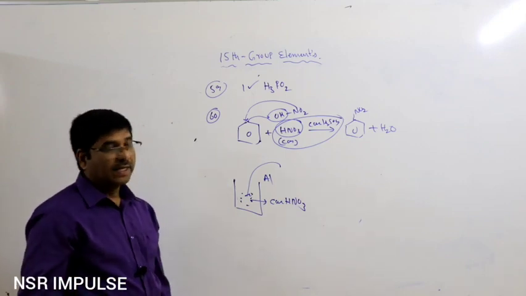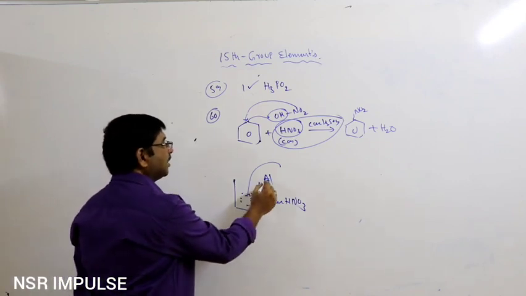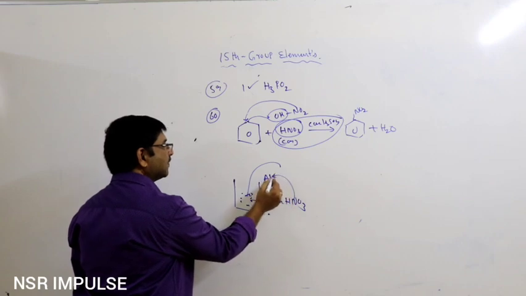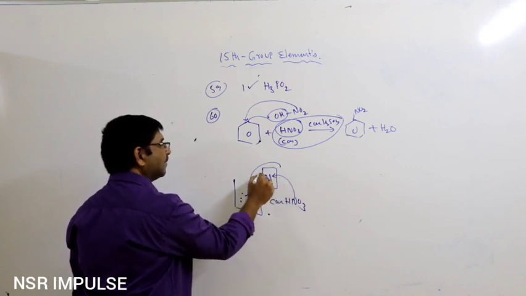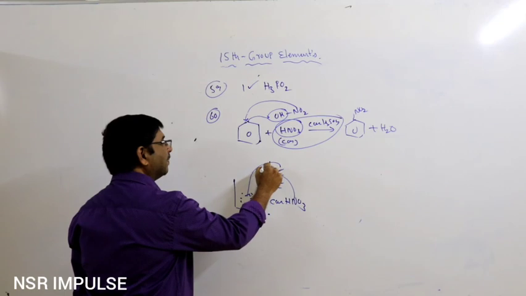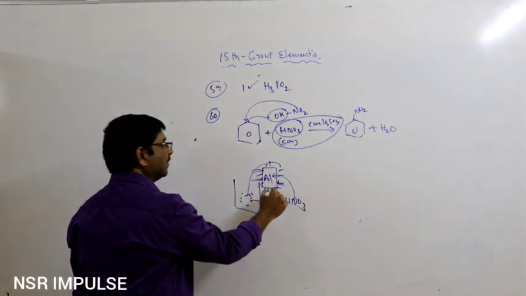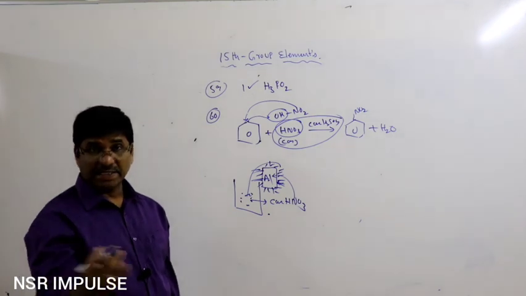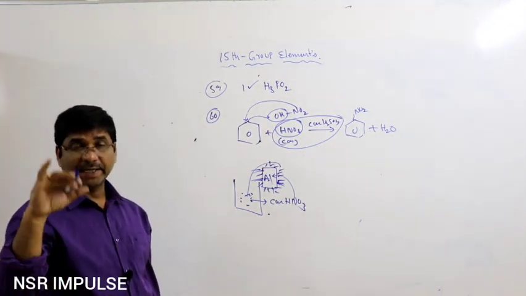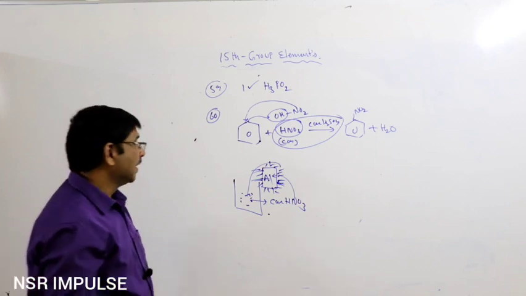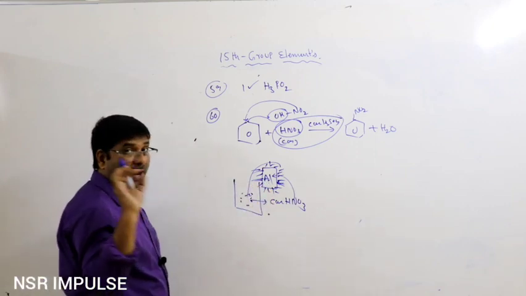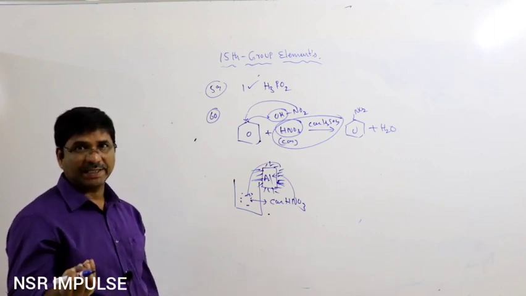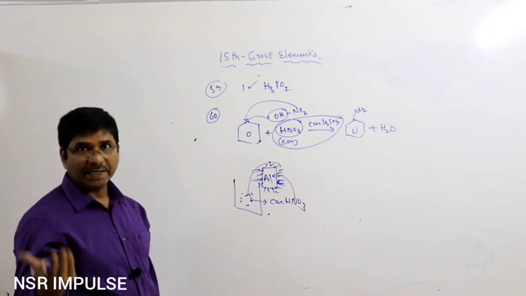When aluminium reacts with concentrated HNO3, it can form a metal film layer. The reaction happens initially only, after that the reaction does not continue. That property is called the passivity property.